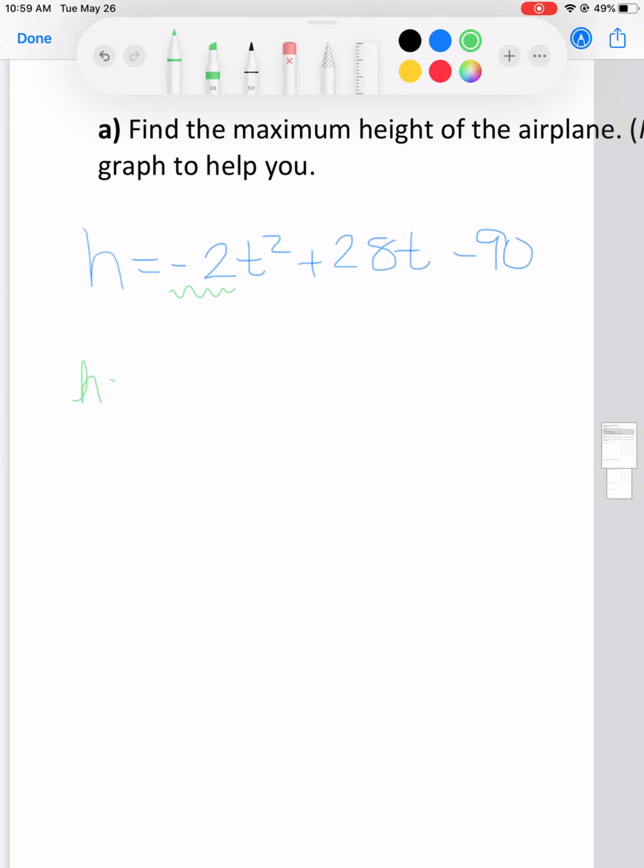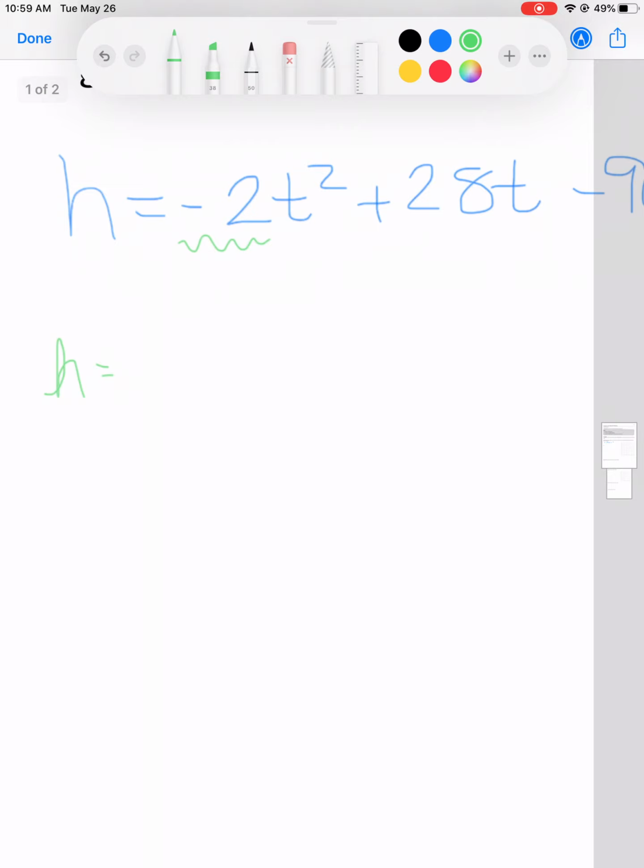Okay, H is equal to negative 2 bracket t squared minus, because now I'm taking out a negative 2, right? This is a common factor, so I'm doing 28 divided by negative 2, and that is negative 14.